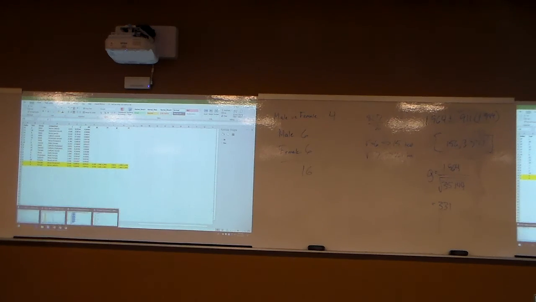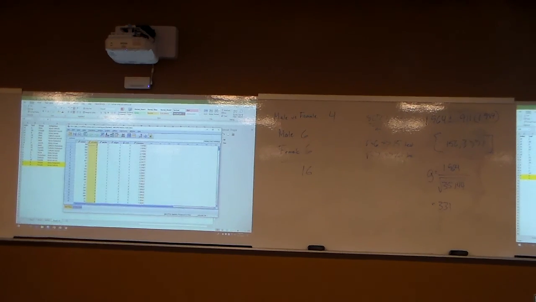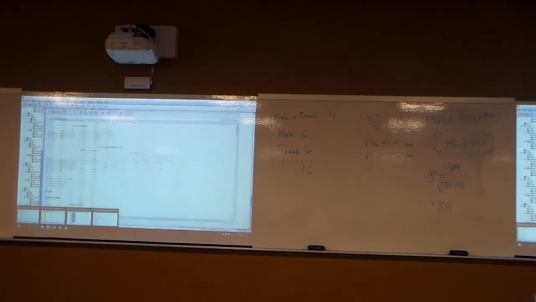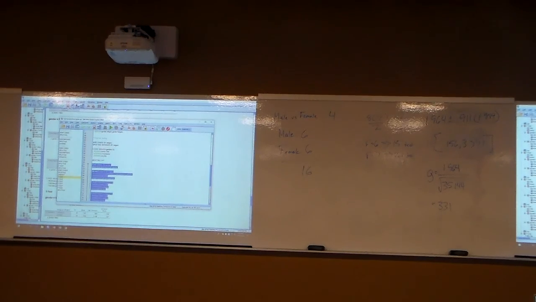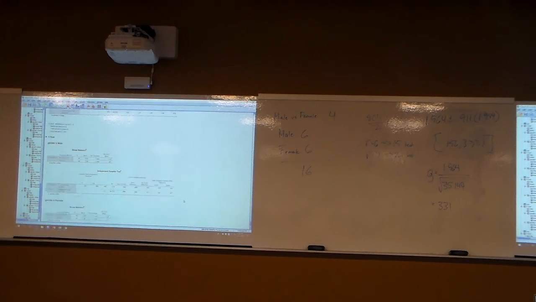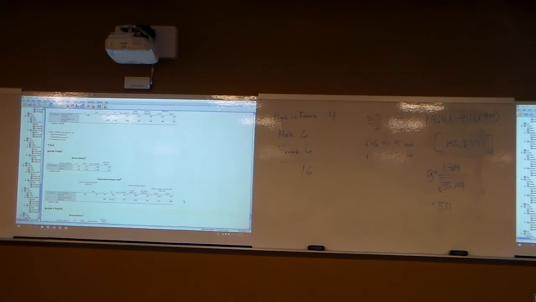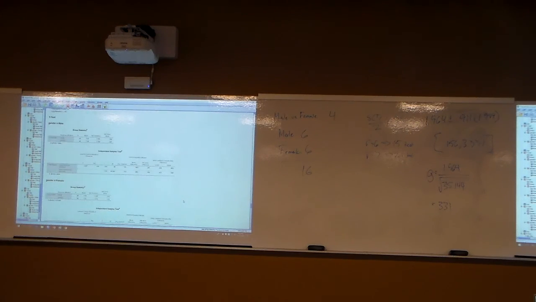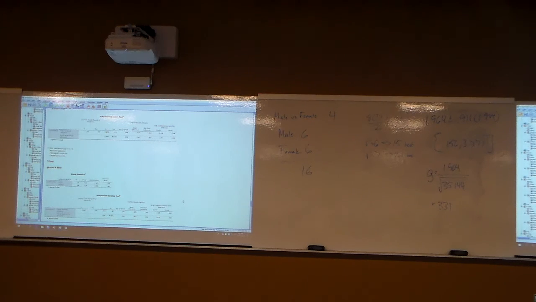If I go through data and go to split file and compare groups like that, and then run it, it's going to change how the format looks, but it's still going to be the same stuff. Yeah. Other questions?